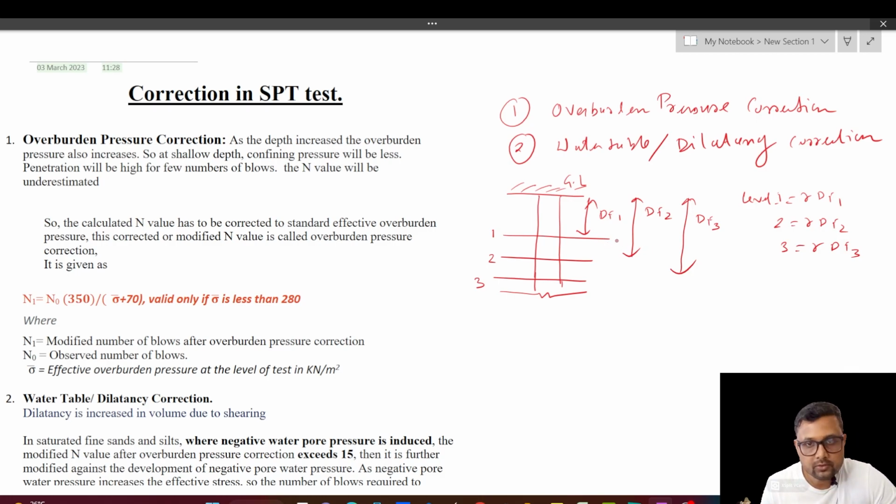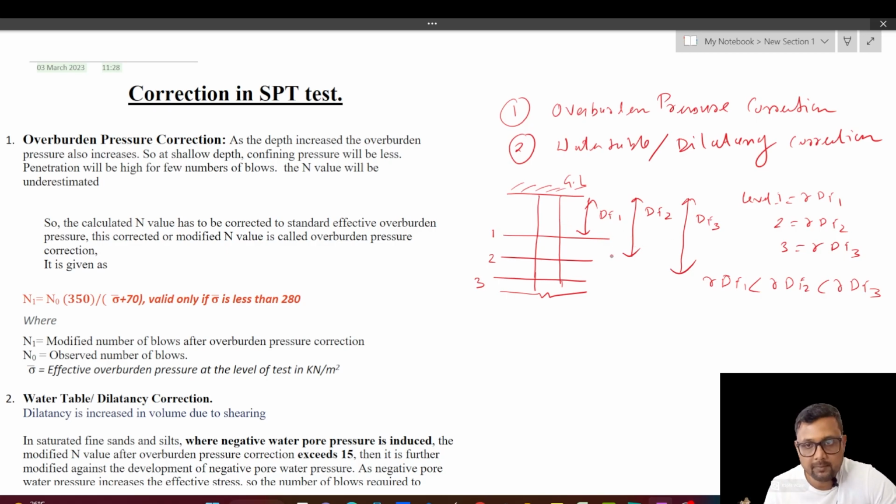So gamma d F1 is less than gamma d F2, which is less than gamma d F3, because as the depth increases, the overburden pressure keeps increasing. Gamma is the density of the soil.